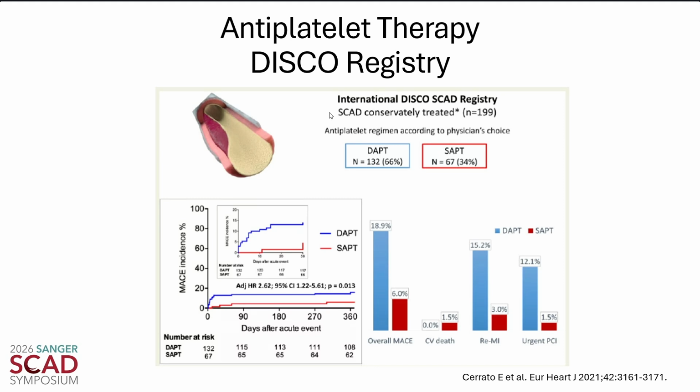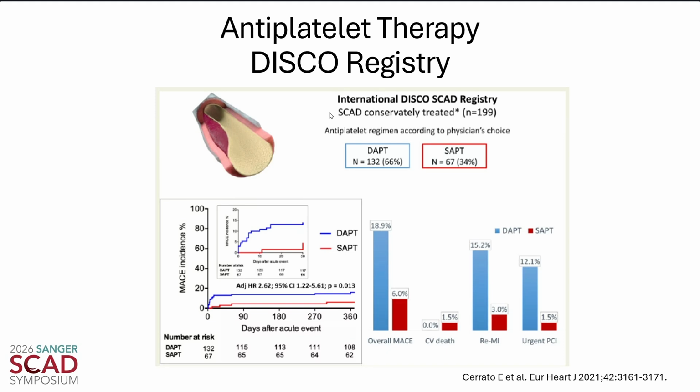Here is what you are seeing in the bar graph at the bottom right, shown in the blue. The need for an urgent PCI was 12% in the group treated with dual antiplatelet therapy versus 1.5% in those who were not. Reinfarction, 15% with dual antiplatelet therapy versus 3% with those with an aspirin.